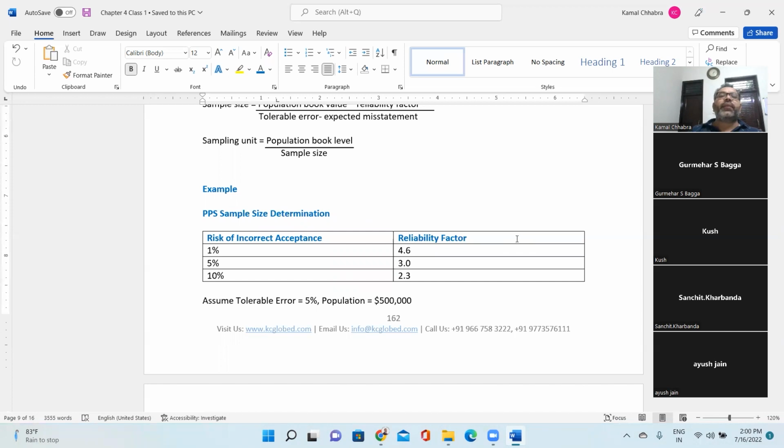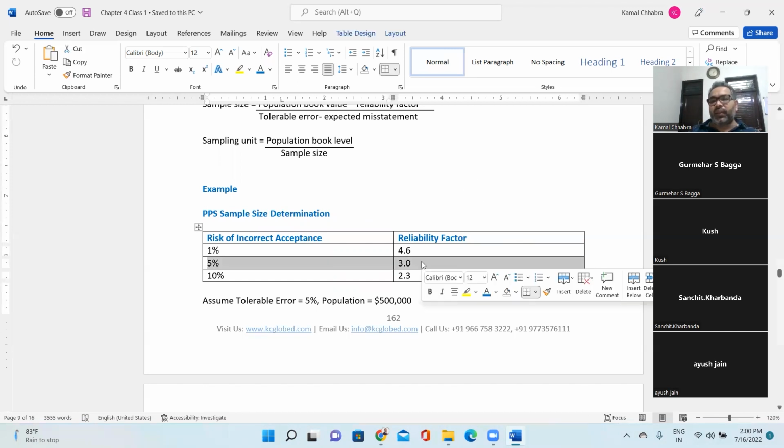Assume the tolerable error is 5%. If the risk of incorrect acceptance is 5%, then the reliability factor will be 3, right?